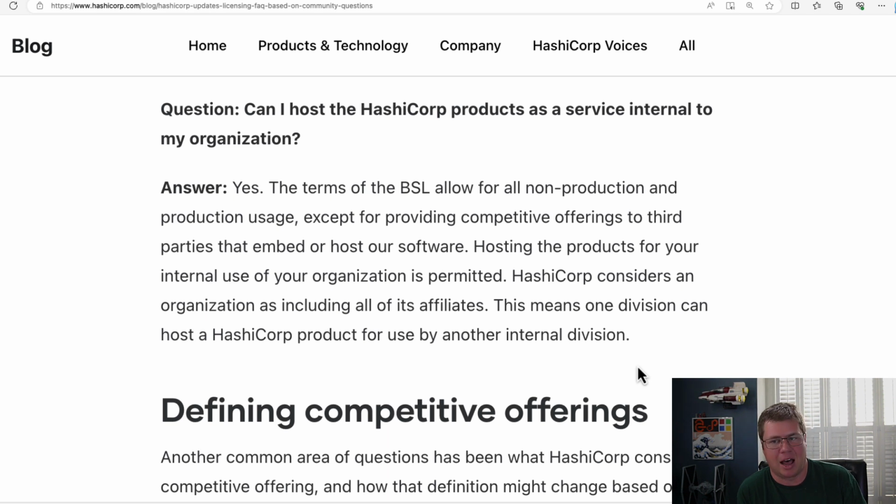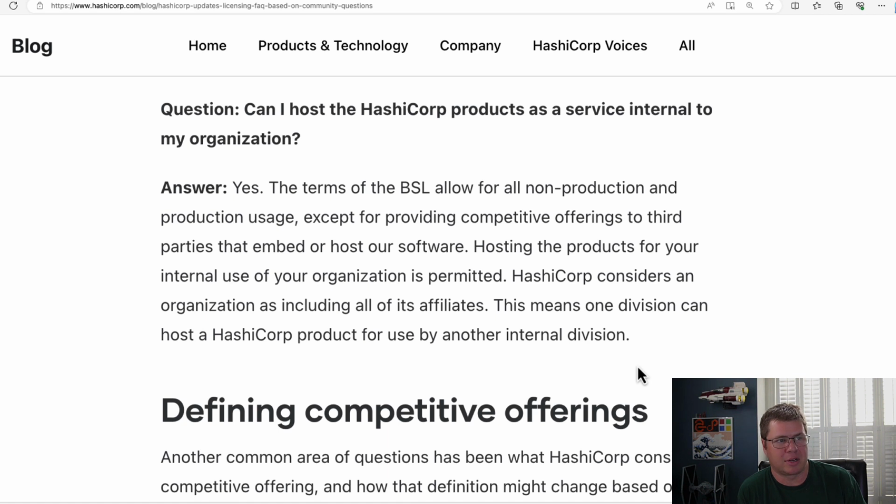I've seen a lot of big IT shops have that shared services team that is a bit of a cost center, and they offer these services across the enterprise.